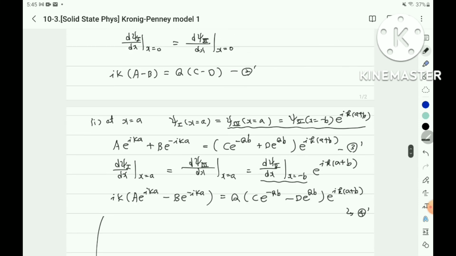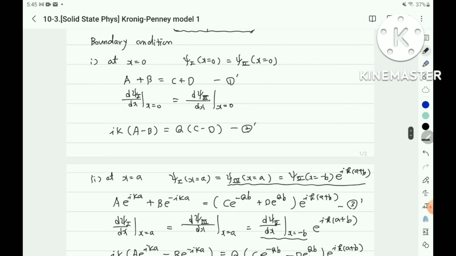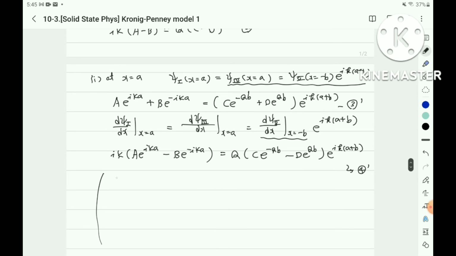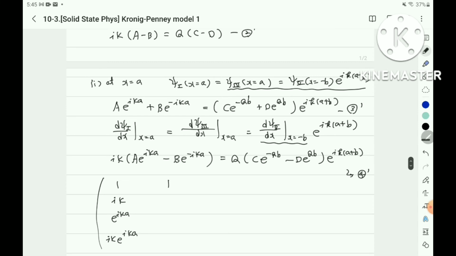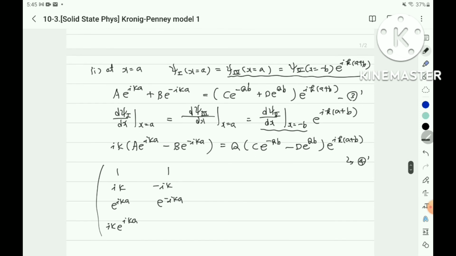For A, in the first row 1, in the second ik, in the third exponential ika, in the fourth ik exponential ika. For B, it is 1, and in the second minus ik, in the third exponential minus ika, and in the fourth minus ik exponential minus ika.